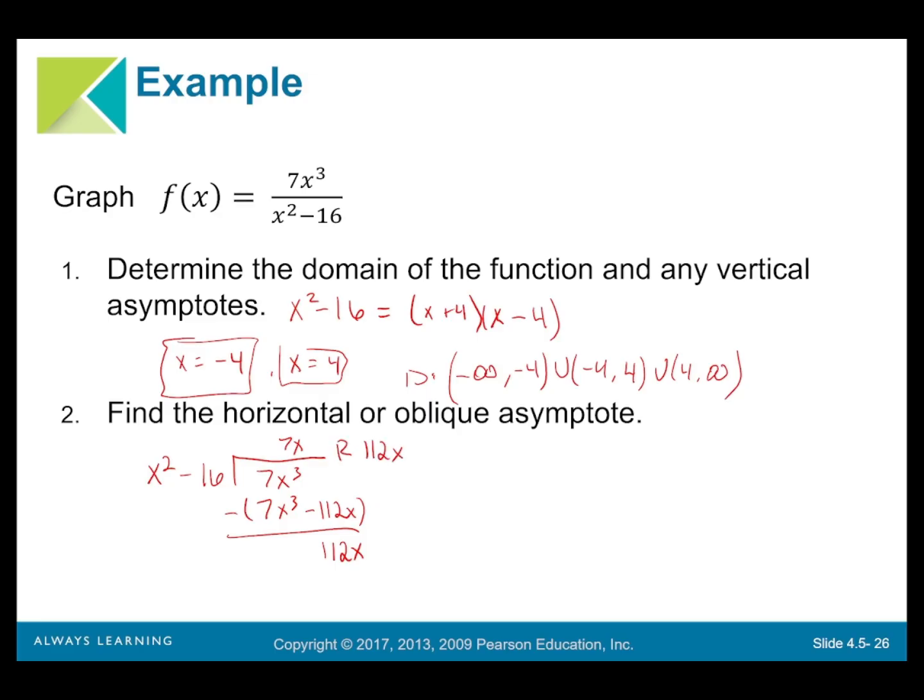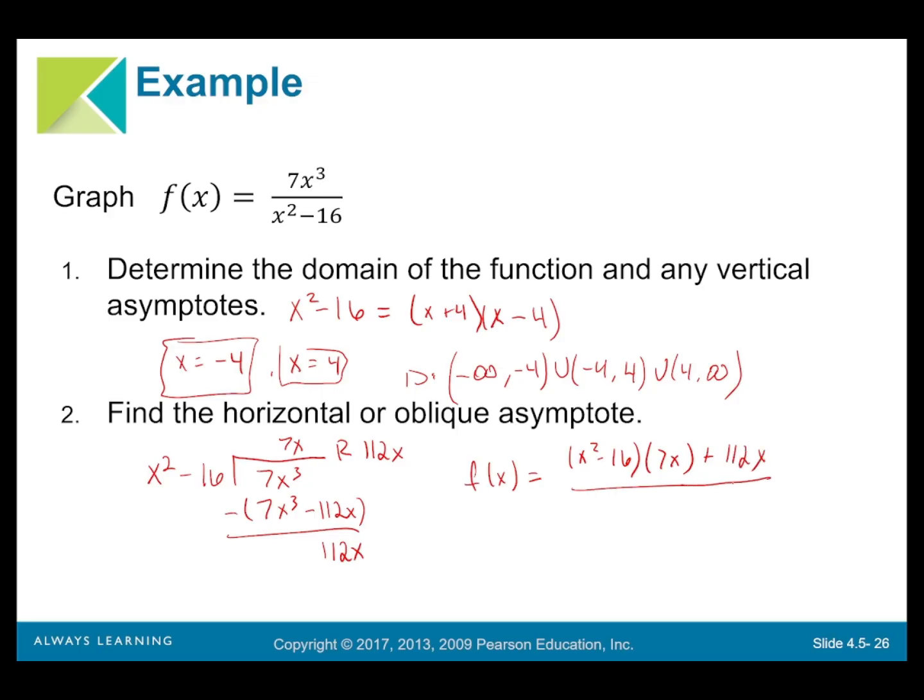It looks strange because it's the same degree as 7x, but it's actually a degree less than x squared minus 16. So it is, in fact, our remainder. We are, in fact, done. That means then that f of x can be written. Its numerator essentially can be rewritten as x squared minus 16 times 7x plus 112x.